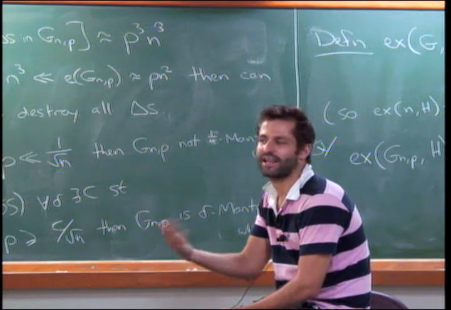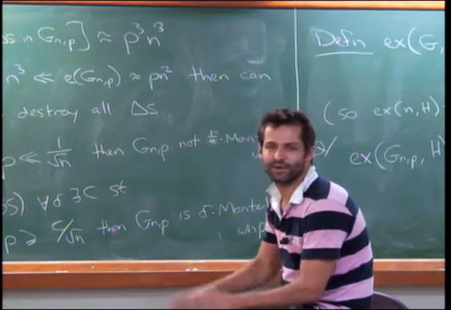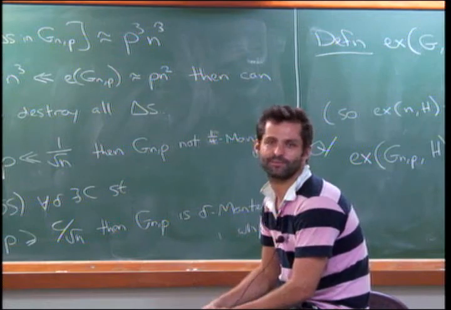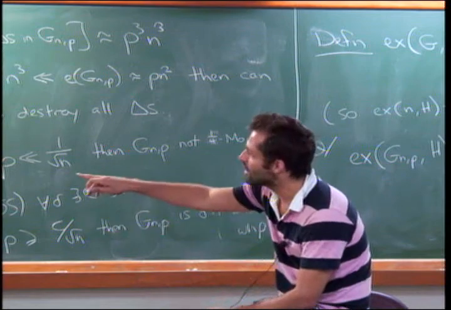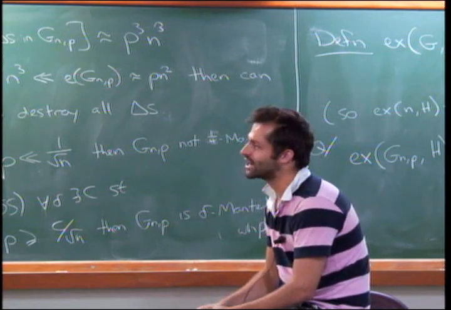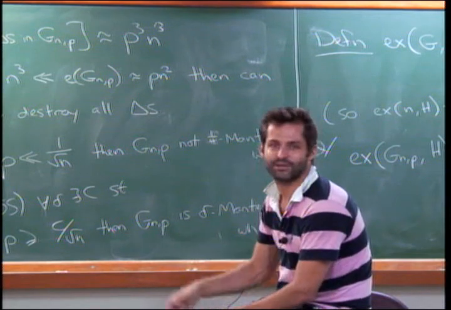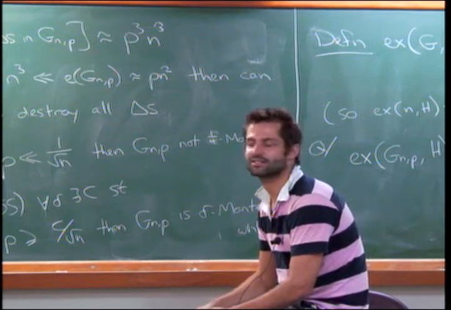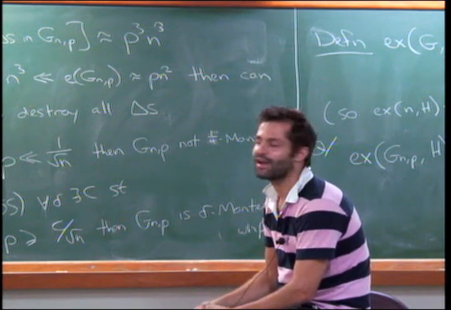So the regularity lemma is not useless, but much less useful than you might hope. So actually, KLR, Kohayakawa, Łuczak, and Rödl came up with a conjecture about epsilon-regular pairs in the sparse case, which would help with this problem.